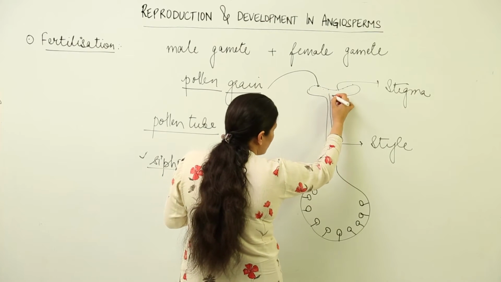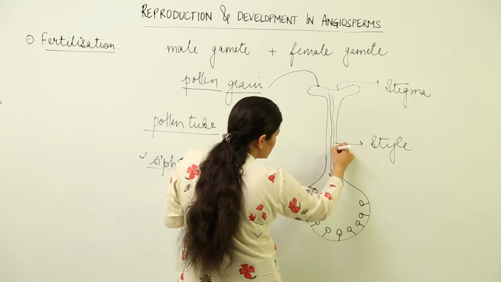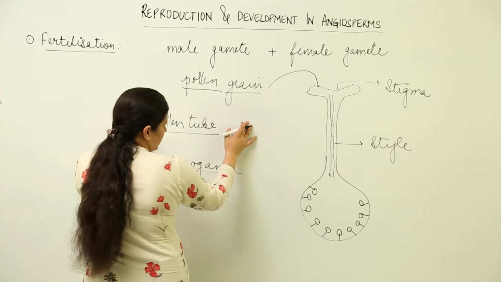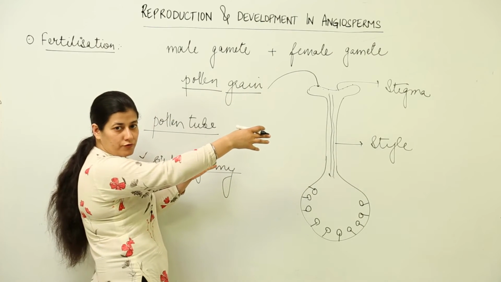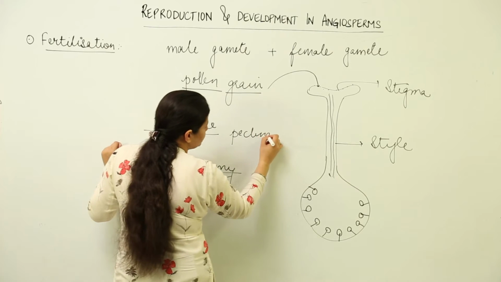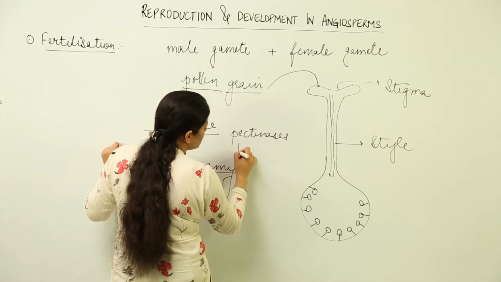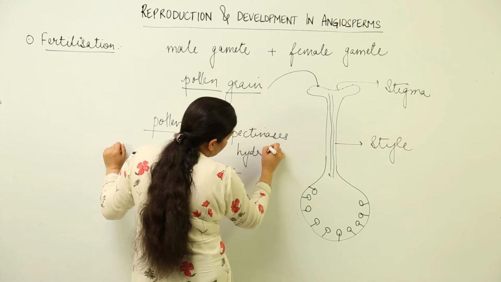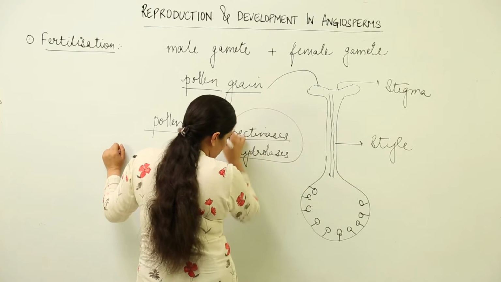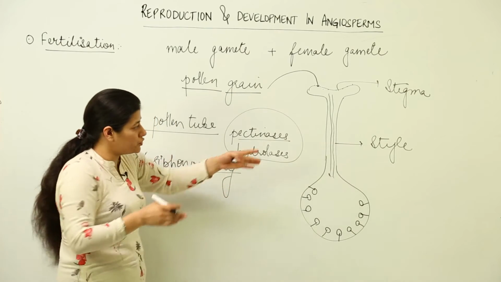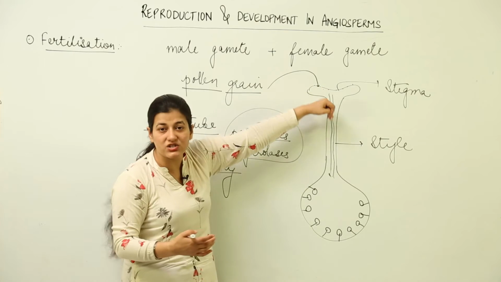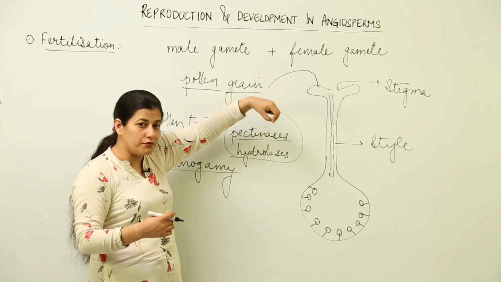So there would be formation of a tunnel-like structure within the style, because the pollen grain leads to the formation of the pollen tube by releasing pectinases and hydrolases, which, as the names suggest, are enzymes. Both these enzymes eat up the tissue present inside the style. As soon as they eat it up, a passage is formed and the pollen falls down.